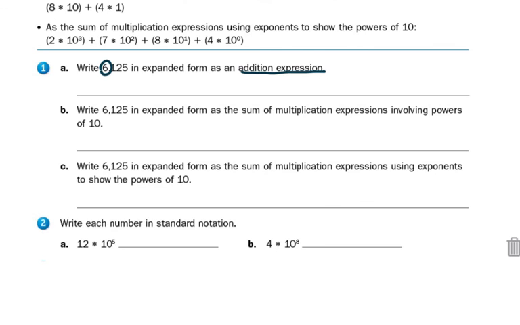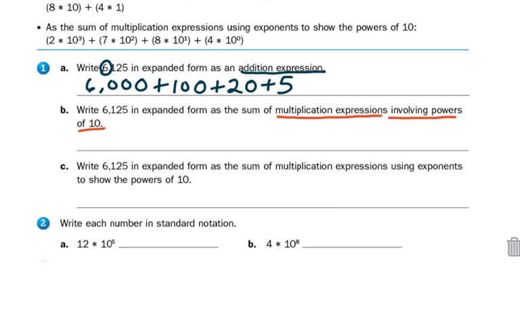So I'm going to take the value of each digit. So go ahead and write 6,000 plus the value of the 1, 100, plus the value of the 2, 20, and the value of the ones. 1B, write 6,125 in expanded form as the sum of multiplication expressions involving powers of 10.